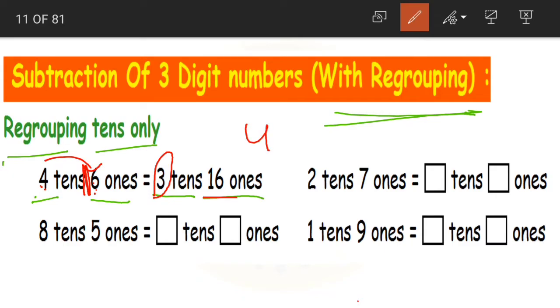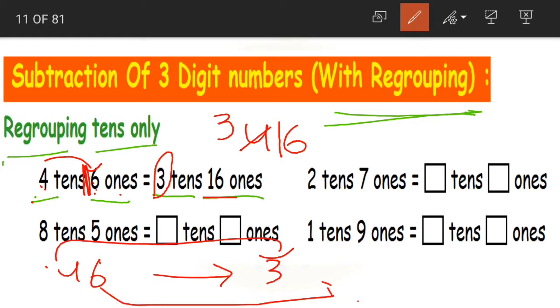Now suppose if we have 46, how will you borrow? Yes, 6 becomes 16 and 4 becomes 3. Right? The same has happened here. Before it was 46 and now 4 has become 3 and 6 has become 16. The only difference is that here we are writing in terms of tens and ones.